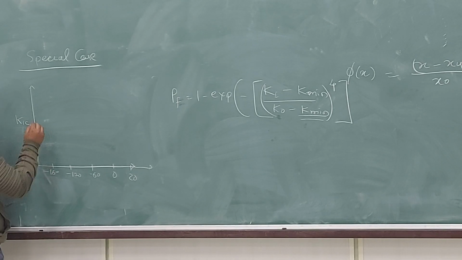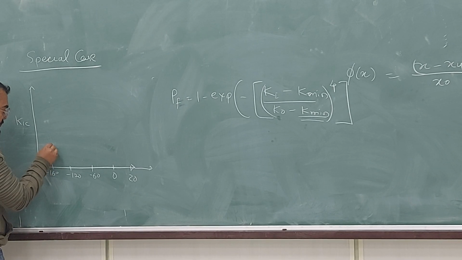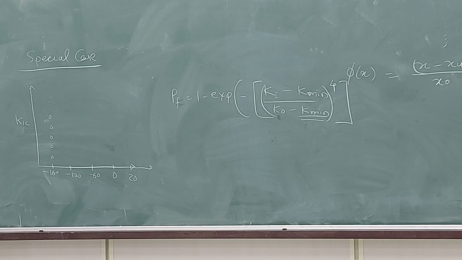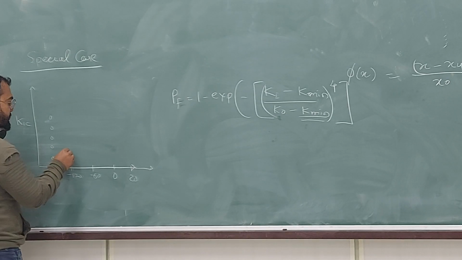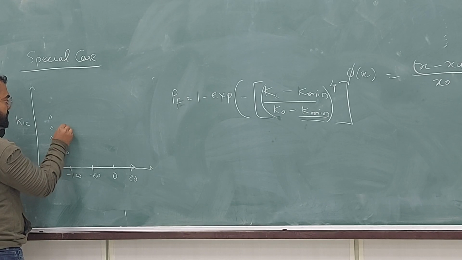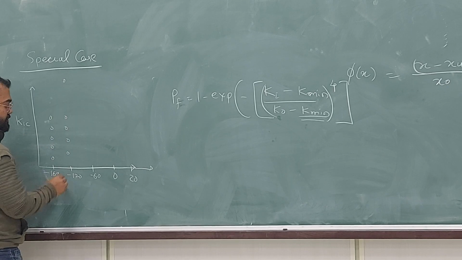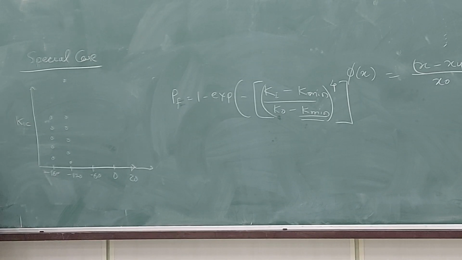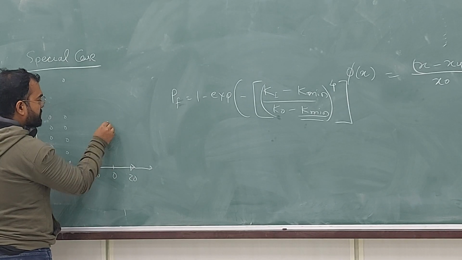So when you do the testing here, if you do n number of tests, you will get different values. Then you do testing here. Then you do testing, let us say here.